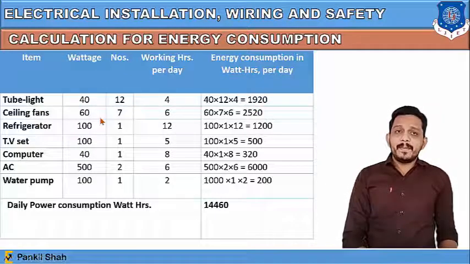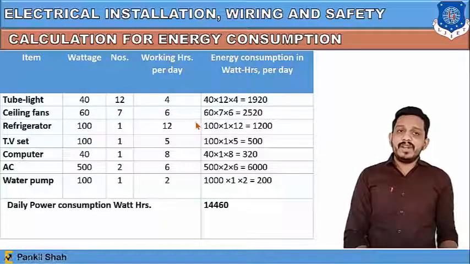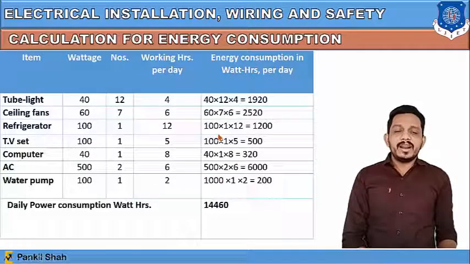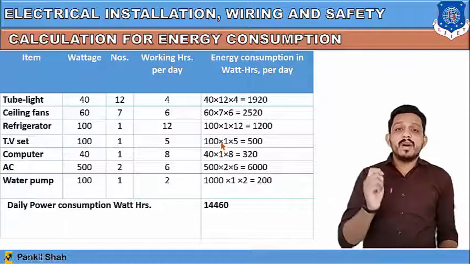For all the appliances you have to follow the same method. So 60 into 7 into 6, refrigerator 100 into 1 into 12, 100 into 1 into 5 for the TV, then 40 into 1 into 8, 500 into 2 into 6, 100 into 1 into 2. These are all the watt hours used per day.